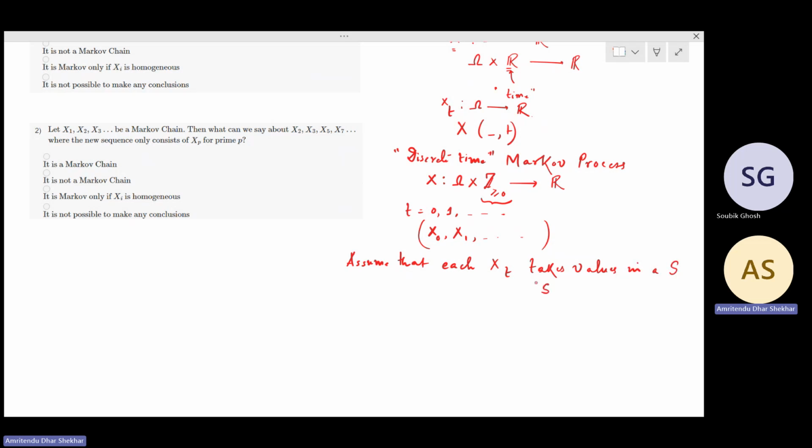So S is a finite set, and S is the set of all states. Assume that the elements of this set S are the numbers 1, 2, 3 up to, let's say, some k.